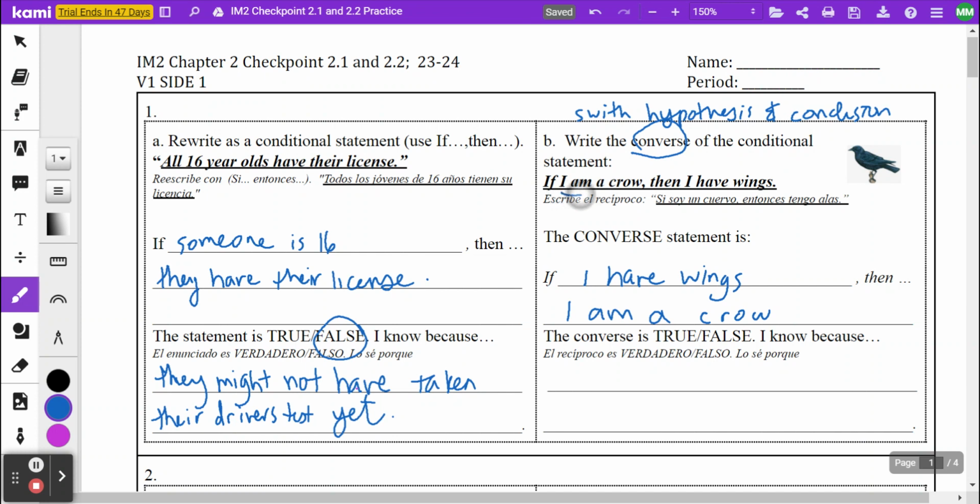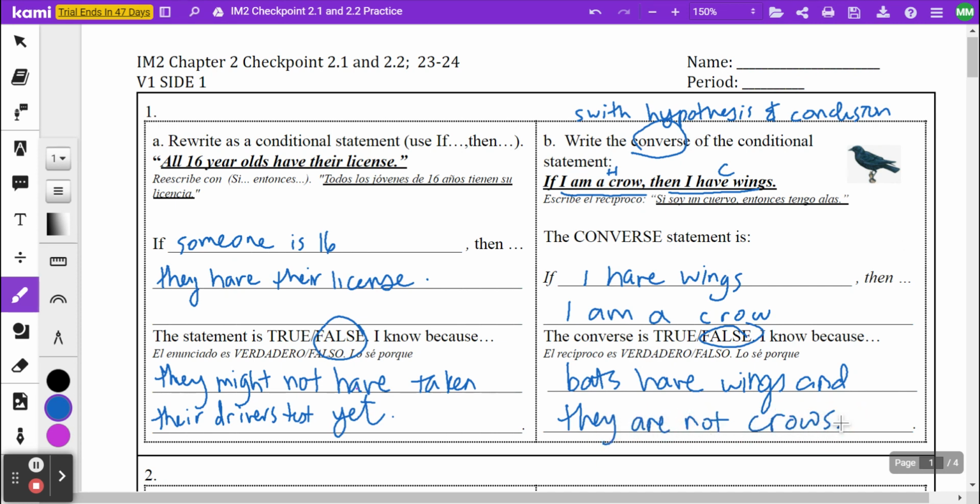This was the original hypothesis and conclusion pair, and as you can see, we have switched them. Now, this converse is false, and I know that because bats have wings, and they aren't crows. Any counterexample would do.